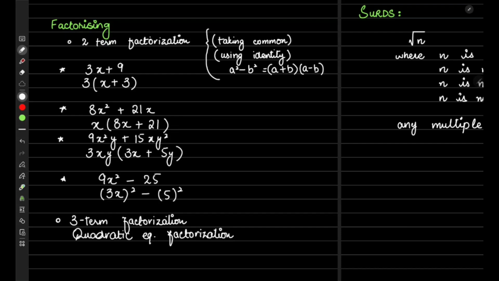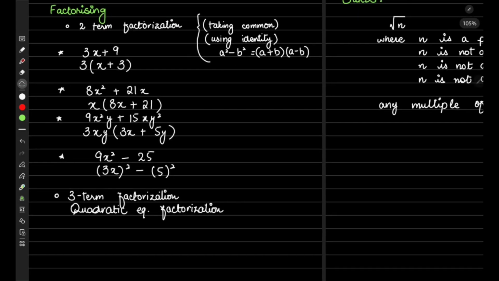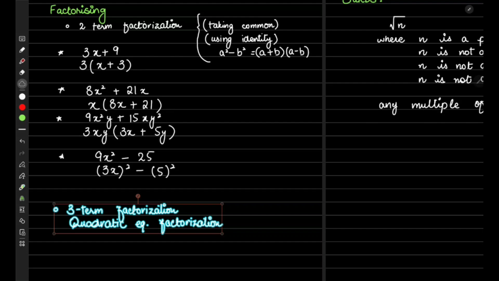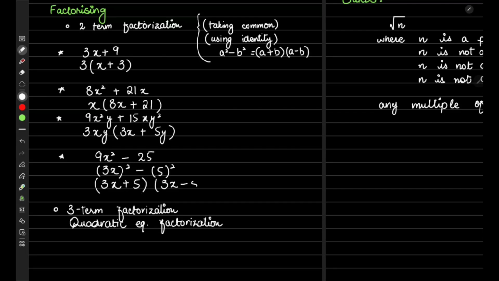There is nothing common in between, but we can write this as 3x plus 5 times 3x minus 5. So this is how, by using identity, we can factorize a two-term equation.